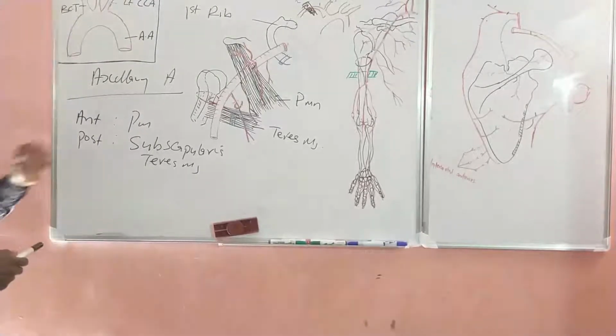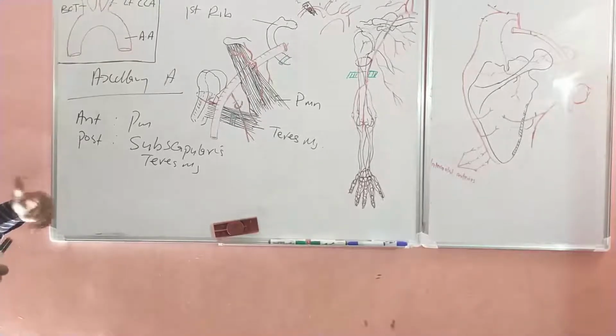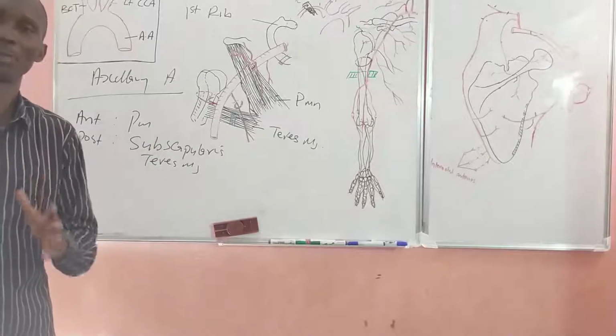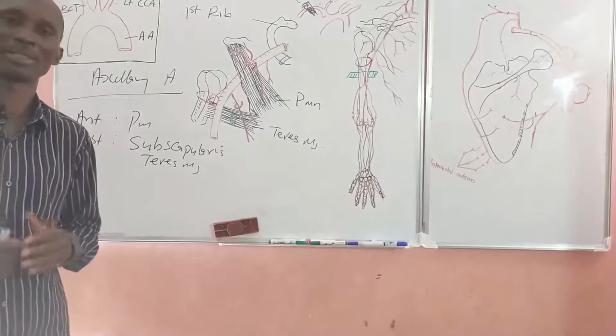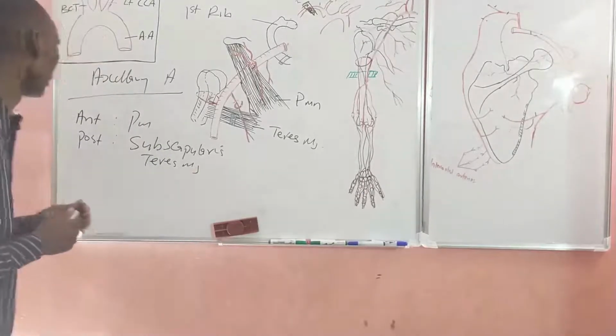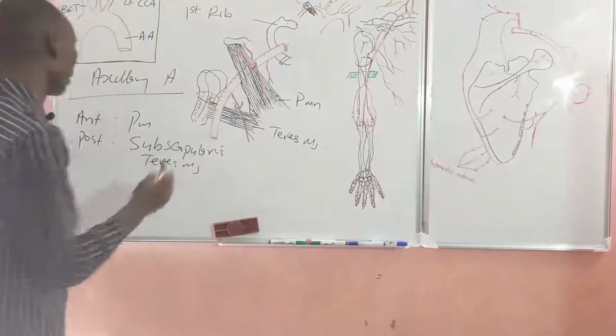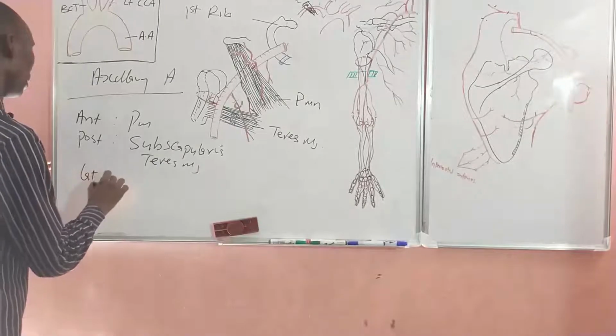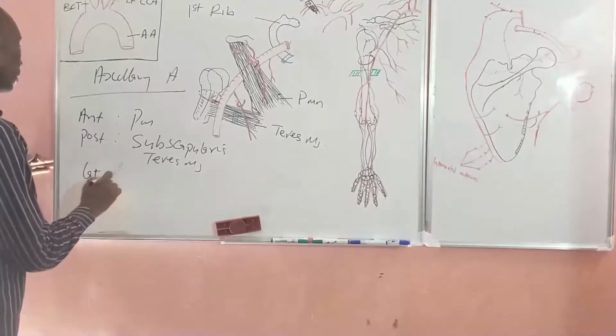Like in the posterior relation, we'll be seeing not the posterior cord now, but the branches from the posterior cord. Some of the branches we'll be seeing from this point include the radial nerve, and we'll look at the lateral relation.